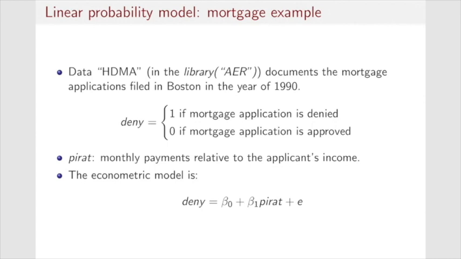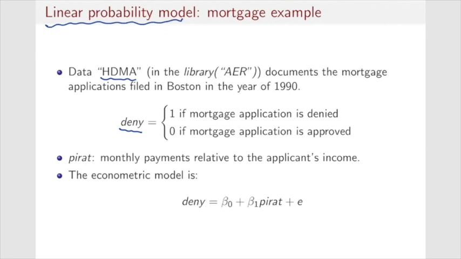Let's first check an example for the linear probability model. We use the data HMDA. It documents the mortgage applications filed in Boston in the year of 1990. The dependent variable deny is 1 if the mortgage application is denied, and it is 0 if the application is approved.